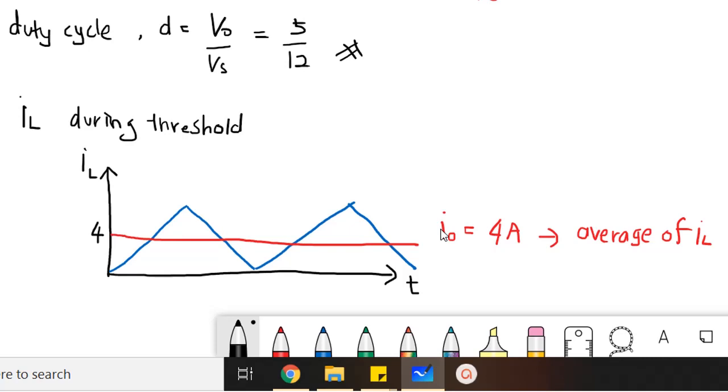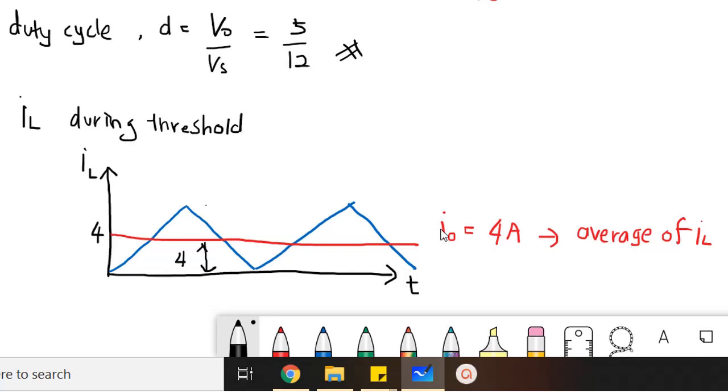From here we can obtain the ripple for the inductor current. This line is 4 ampere, and it is the average, meaning it is the midpoint between this point and the 0 point.